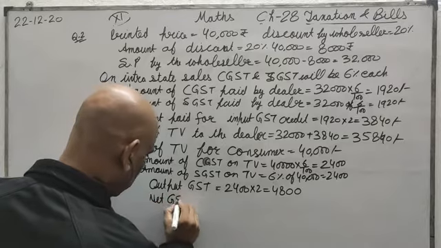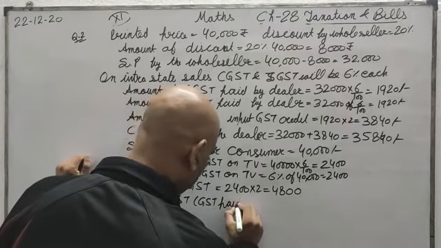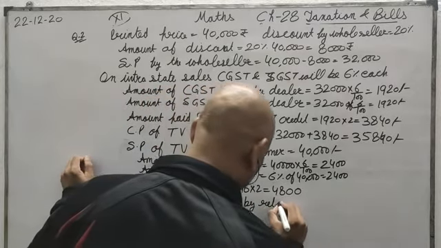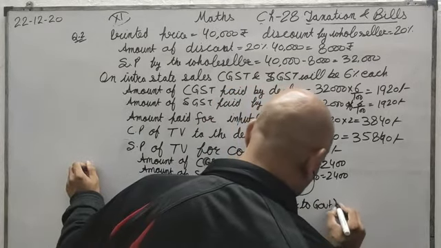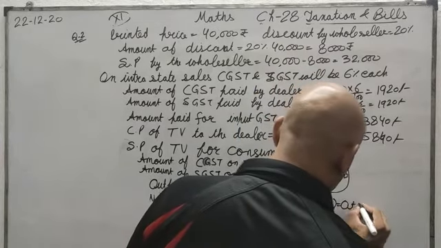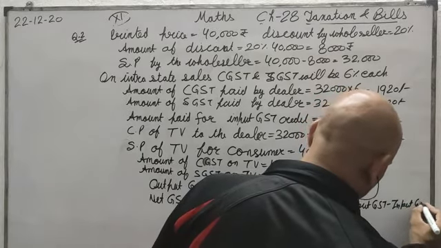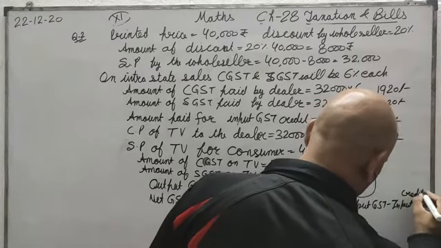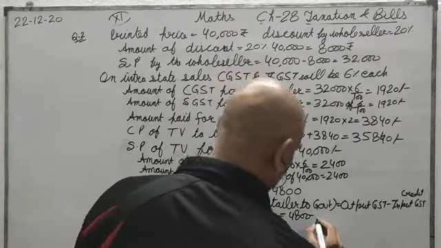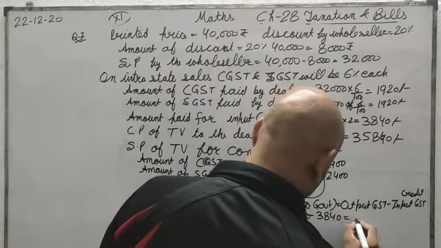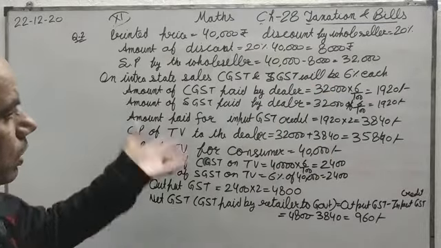Net GST, or we can say GST paid by retailer to government. गवर्नमेंट को उसने कितना दिया, दैट इज आउटपुट जीएसटी माइनस इनपुट जीएसटी credit. So output GST was 4,800. Out of this 3,840 he has paid. So 960 rupees GST he will pay to the government on this transaction.